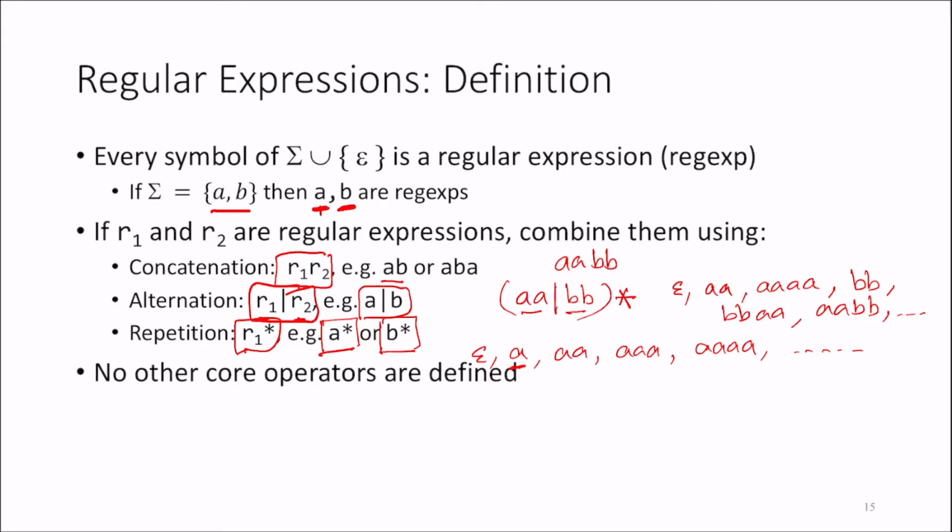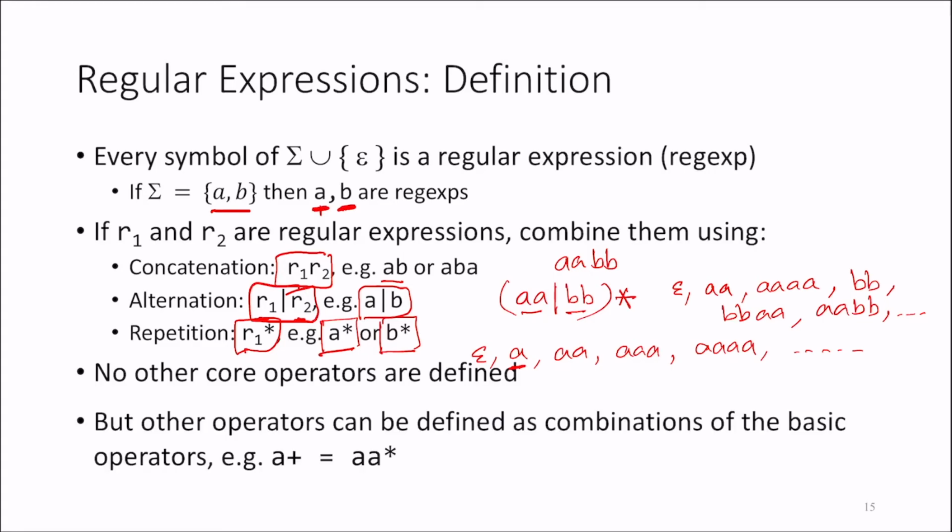And there are no other core operators that are defined, so you don't need any more operators to define the set of regular expressions. But in practice, when we're writing lexical analyzers, it's often useful to take combinations of some basic operators.